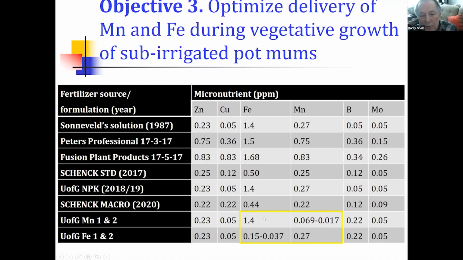And with iron, similarly, we've gone from 1.4 ppm down to 0.15, and again with no issues. So we're going to go down to 0.037 in our current trial.